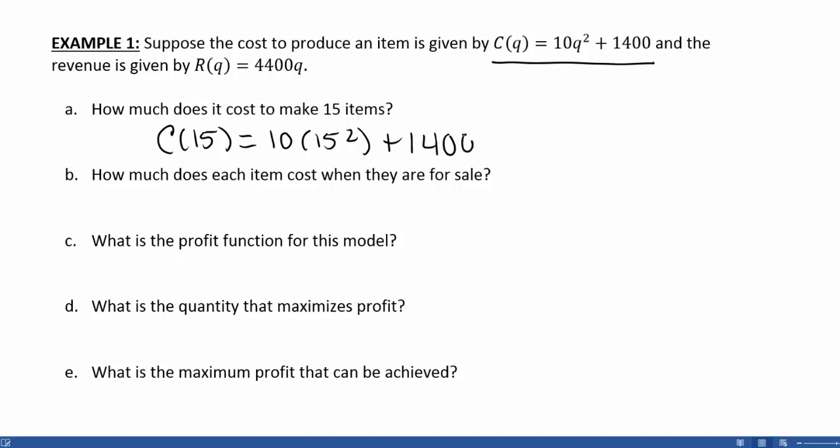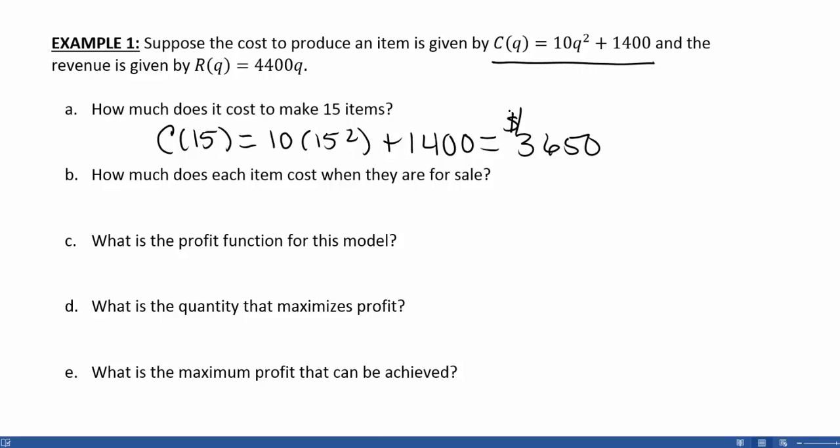And then we're going to crunch all of these numbers together, and we get that it's going to cost us $3,650. So when we talk about cost and revenue and profit, we're always talking about money. So we're always going to talk about this in terms of dollars. So $3,650 is how much it costs us to produce 15 items.